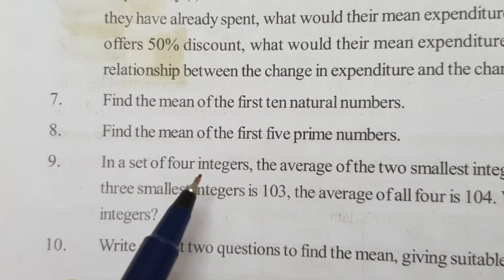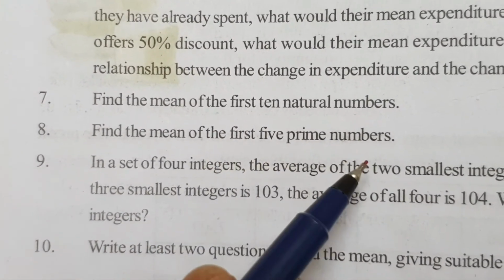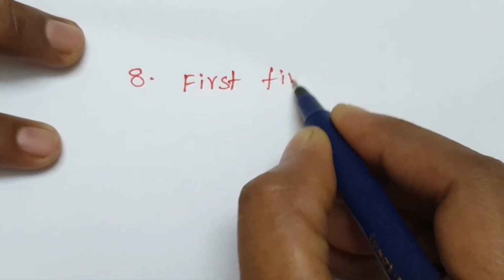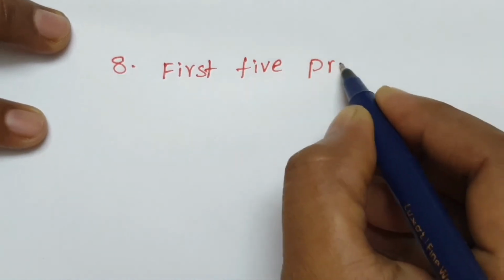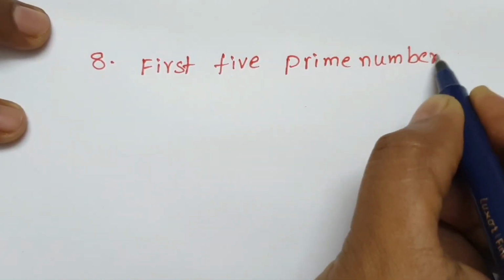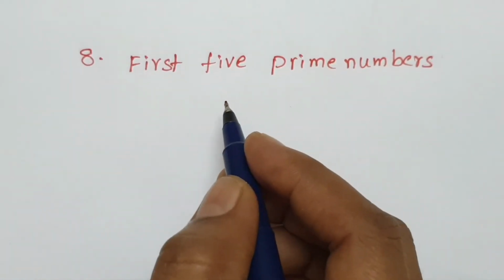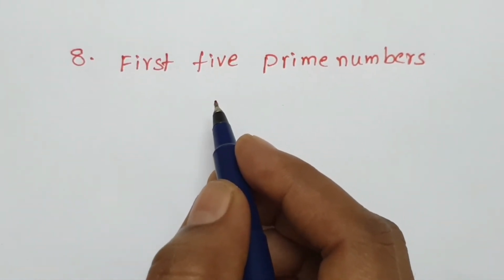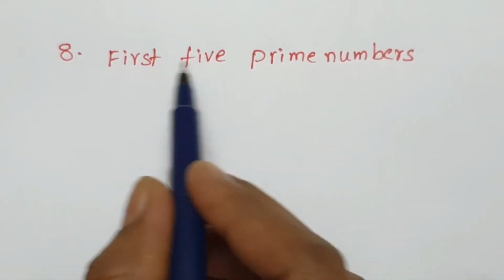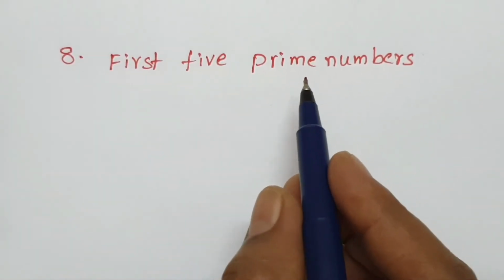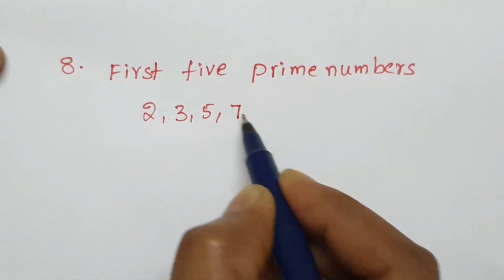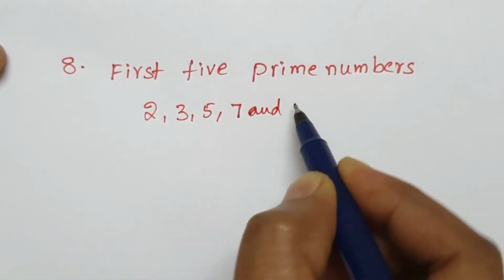Eighth question. Find the mean of the first 5 prime numbers. So what are prime numbers? 2, 3, 5, 7, 11, 13, 17. These are all prime numbers. But here first 5 prime numbers, only 5: 2, 3, 5, 7 and 11.